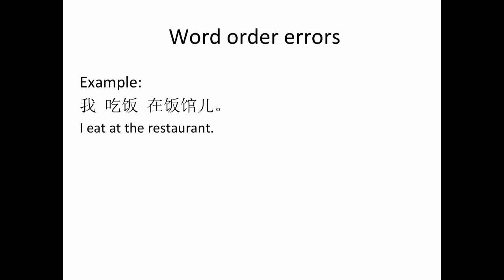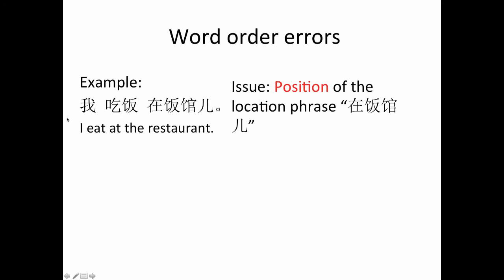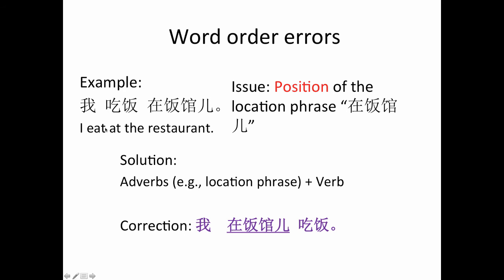So it's a location phrase. This sentence is also problematic in Chinese because we need to pay attention to the position of the location phrase. In Chinese, location phrase and time phrase, they are both adverbs. And adverbs should be put before the verb.